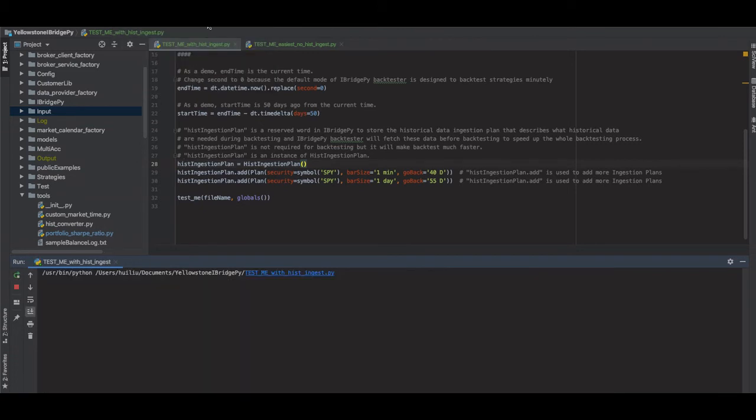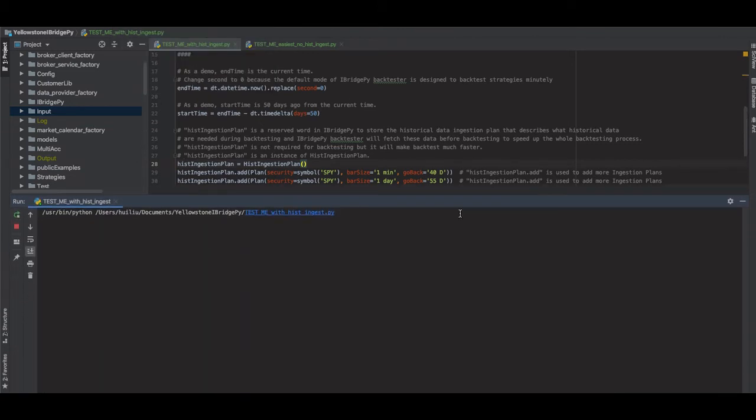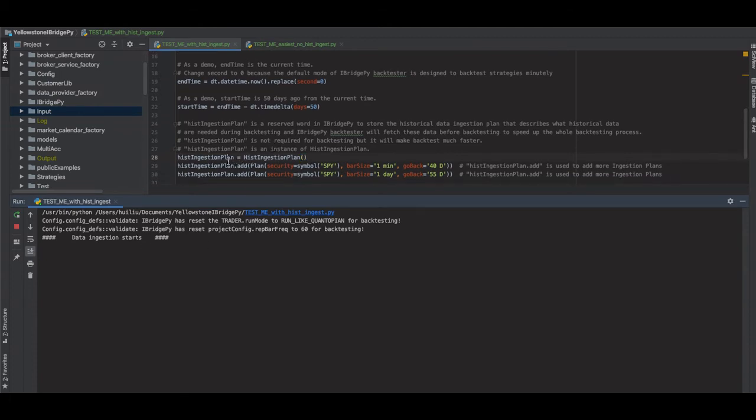So let's run the testing. Testing started and the data ingestion starts. It takes a little bit of time because the IBridgePy backtester will retrieve historical data for this plan and this plan. You will see the result displayed later.